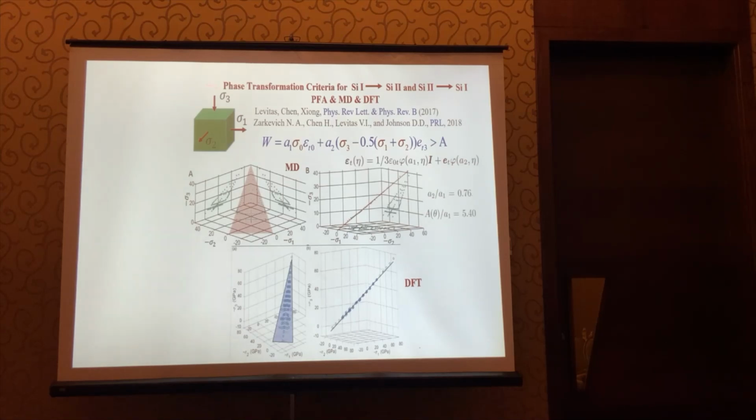And under such loading, this is the expression for the phase transformation criterion. The key point is that it's linear in stresses. So in stress space, this is a plane. We rotate this until the plane is visible as a line, and you see dots here are results of MD, here results of DFT, and you see very good conformation, and also we determine 2 material parameters.